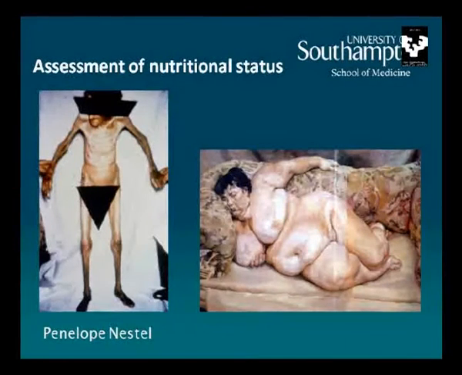The picture on the left is a geriatric, an elderly patient with severe acute malnutrition, a hospitalized patient. The picture on the right is a very famous painting that sold a few years ago for about 15 million euros. But they both show something, or a couple of things that are quite important.